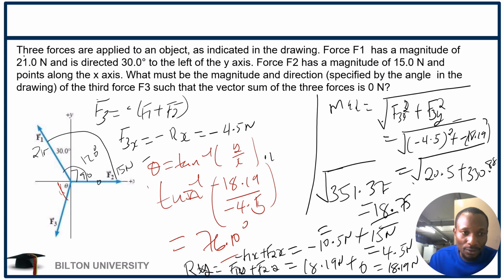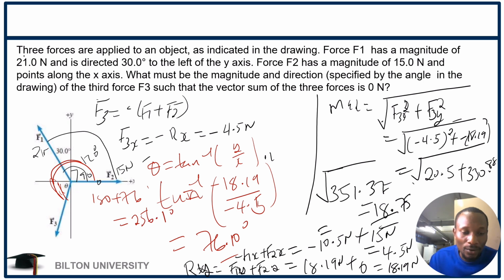If you want to know the angle from here until this point, then you say 76 plus 180, and that gives you 256.1 degrees.